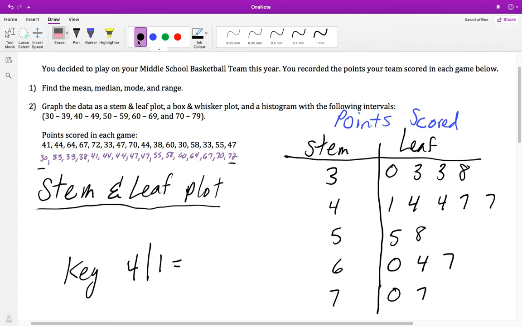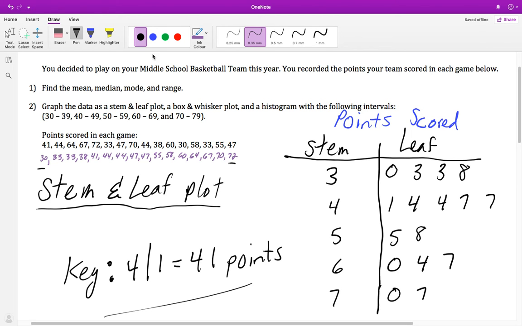Instead of saying this is equal, I'm going to put a colon. So our key, 4 | 1: 41 points. Make sure that you are writing your key. Most of you are forgetting to write your key, so make sure you're writing this out. It's important because anyone who looks at the stem and leaf plot will then understand exactly what this means.